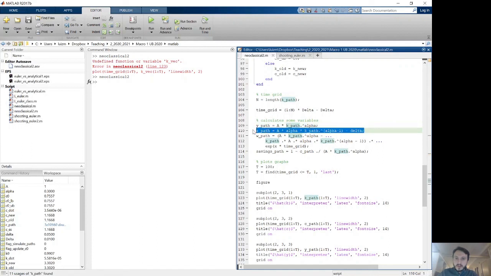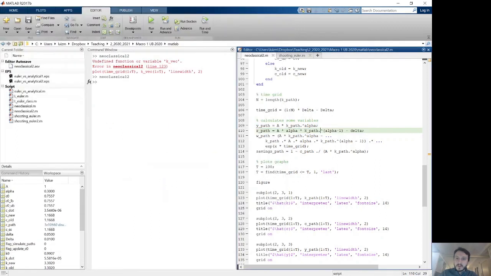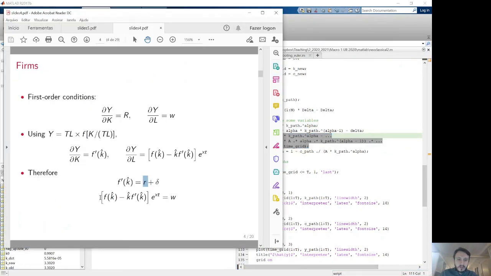The interest rates in equilibrium are determined by the firm's optimal choices. If you remember our classes, we have this optimality condition for the firm, and we can isolate R as a function of K and delta. We have this. The wage rate we can calculate using this expression in our slides.